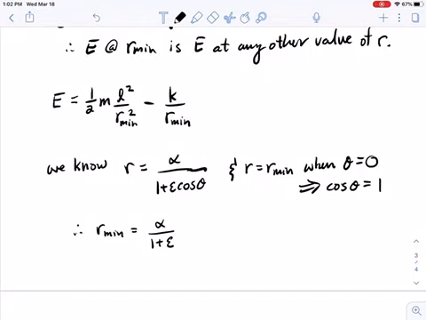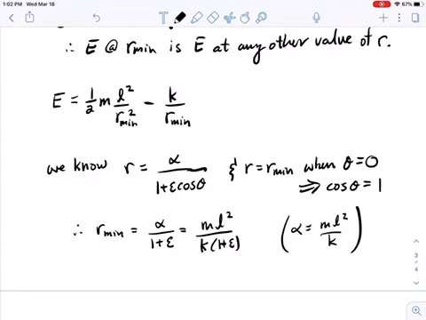But alpha was m L squared over k. So that means our r minimum is m L squared over k times 1 plus the eccentricity. So the next step is just to take this expression for our r minimum and sub it into there and sub it into there.